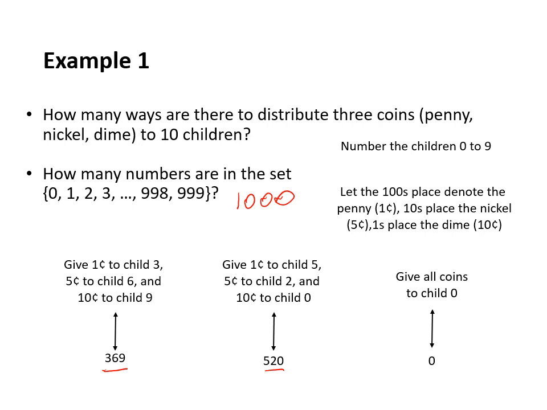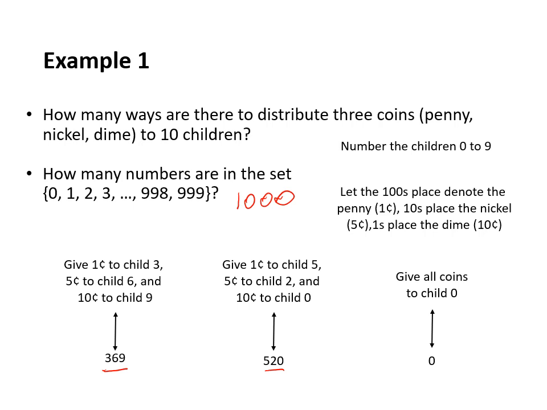Now, child number 0 is a little bit tricky, clearly, because we don't really have numbers that start with 0. And so all numbers that have 1 digit or 2 digits, we can think of them as starting with 0.